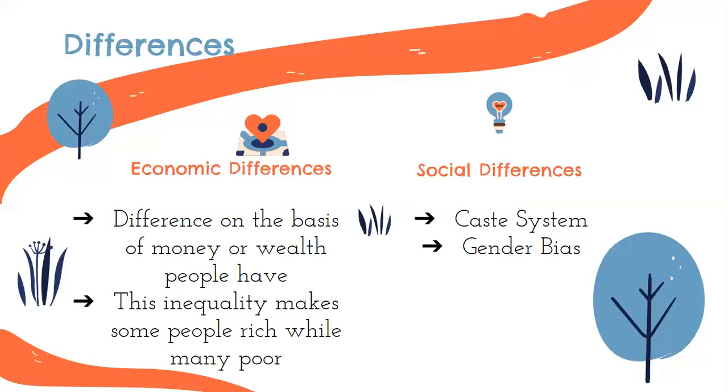So the parents have to give dowry, so there is a strong gender bias. There's a preference for a boy child in comparison to a girl child, which is really bad because the society cannot progress without girls. You need girls as much as you need boys, right?